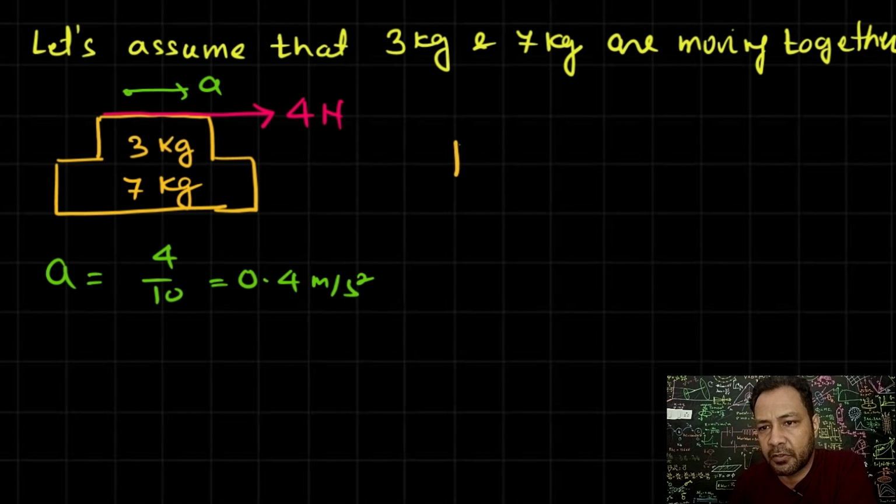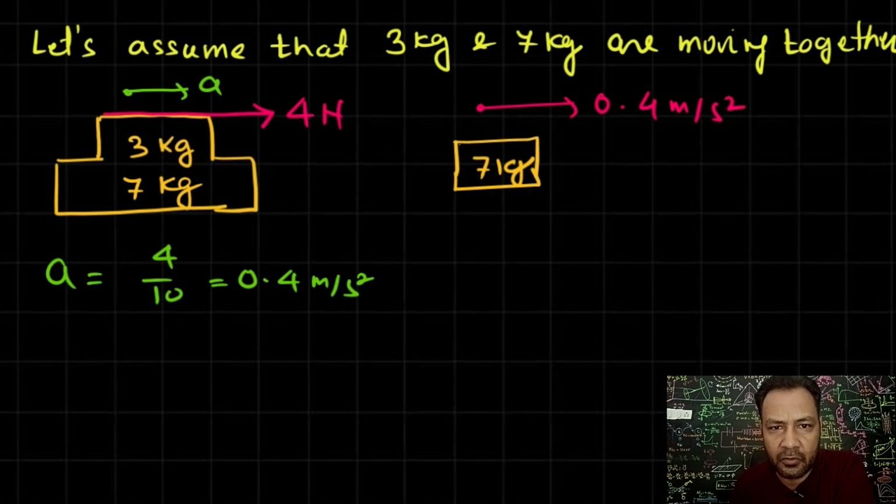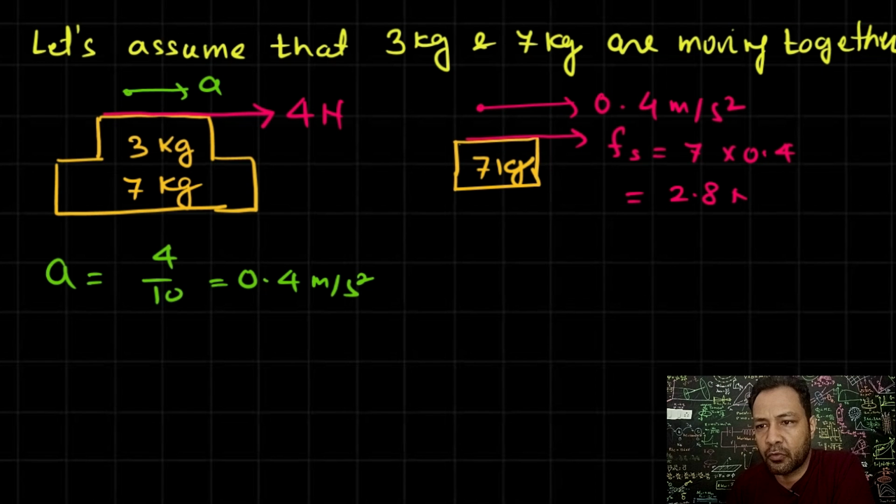So if I take a system of 7 kg alone, moving together with 0.4 meter per second square, this 7 kg will also have the acceleration 0.4 meter per second square. For it to move with this acceleration, the required friction Fs would be 7 into 0.4, that is 2.8 Newton.